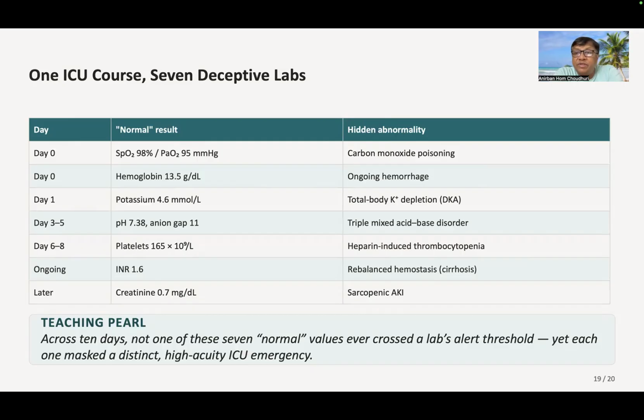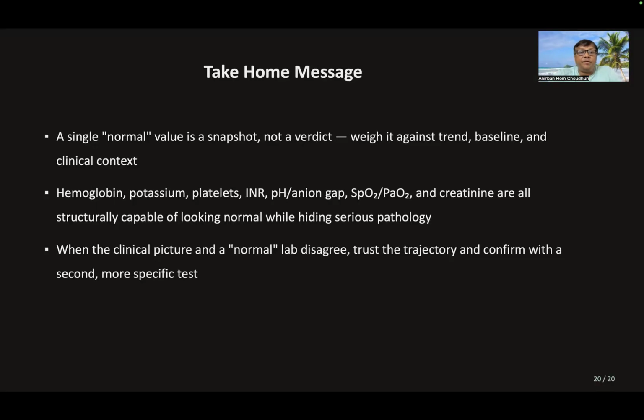So whenever we settle for lab values, we have to correlate with the patient's existing clinical condition, then reassess and understand the lab values with greater clarity. A single normal value is a snapshot and not a verdict.